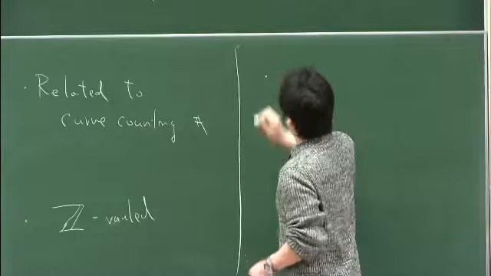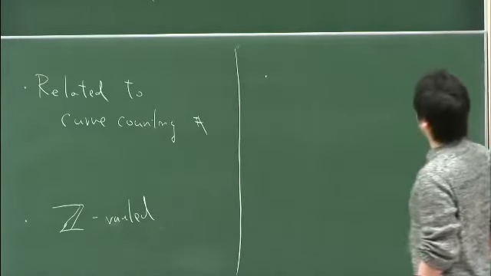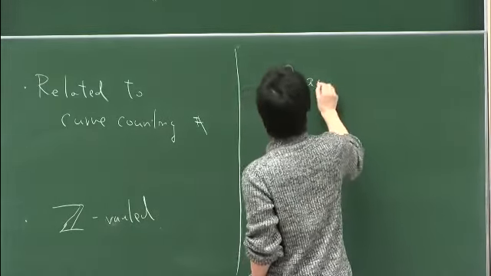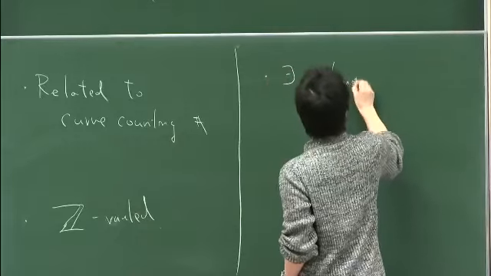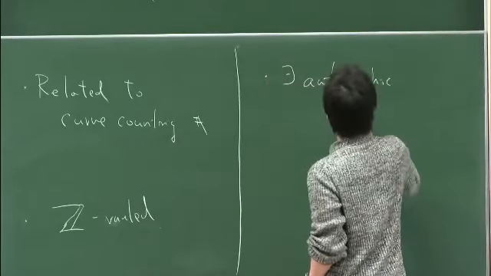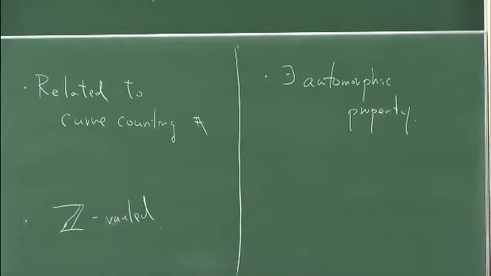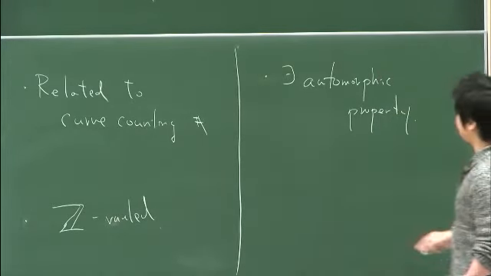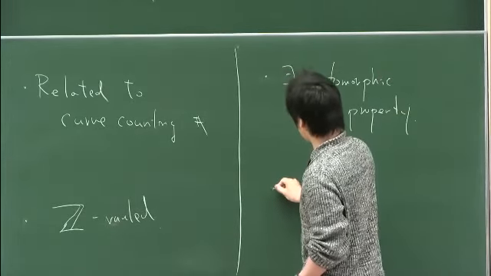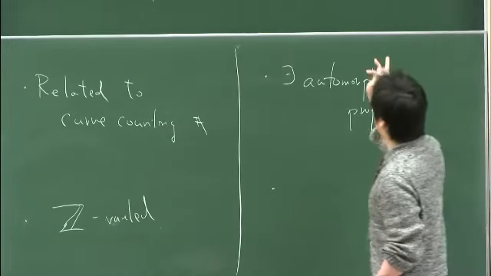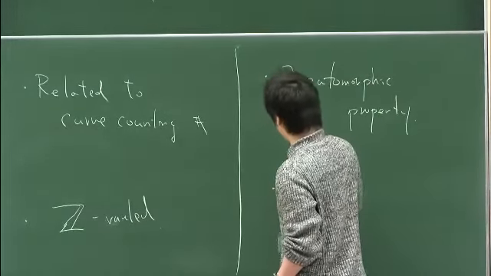Also, on the right-hand side, I can show that there is a certain automorphic property. Unfortunately, this is not Z-valued, but Q-valued.